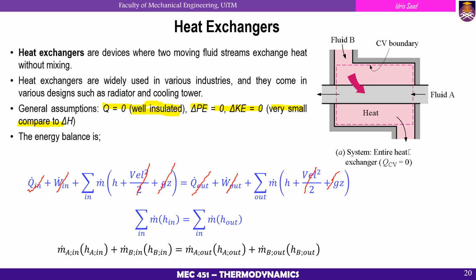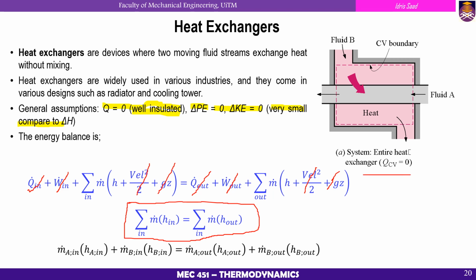So what is left in the equation is the summation of the mass at the inlet times the enthalpy is equal to the summation of the mass at the exit of the system times the enthalpy. In our case, let us refer to the system that we give here.